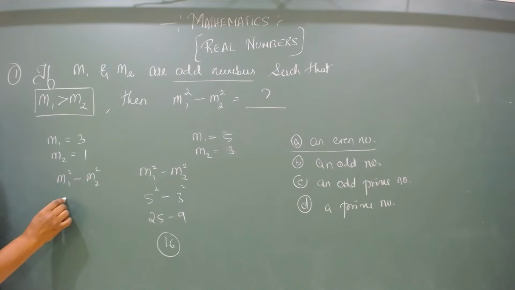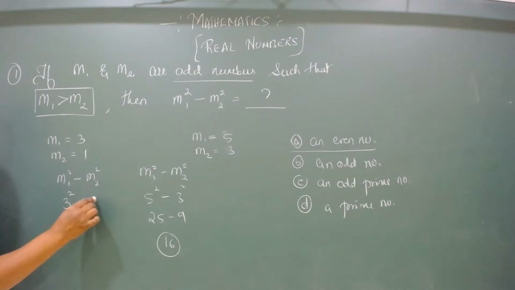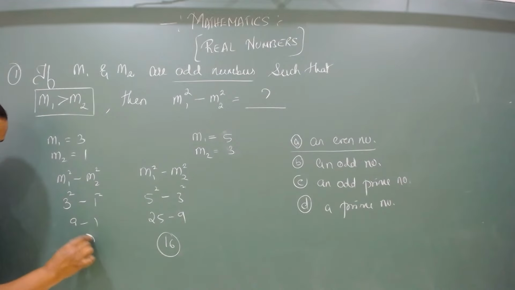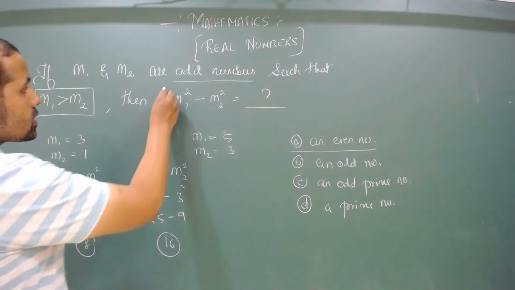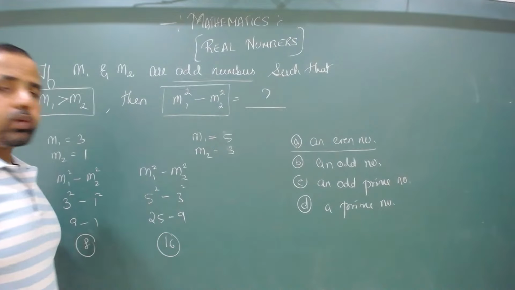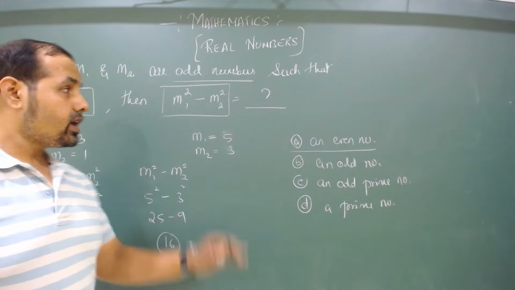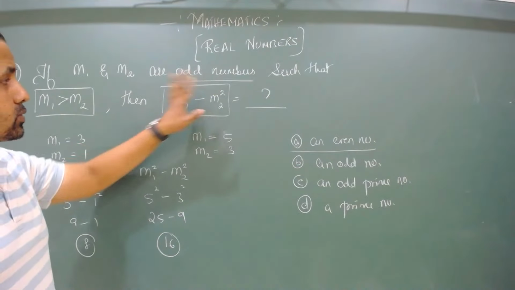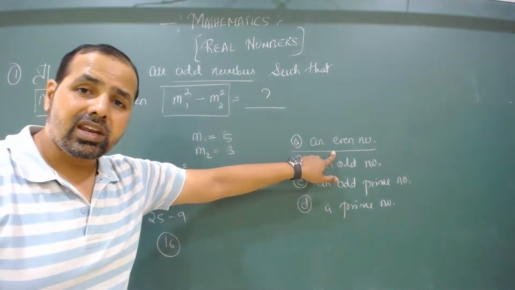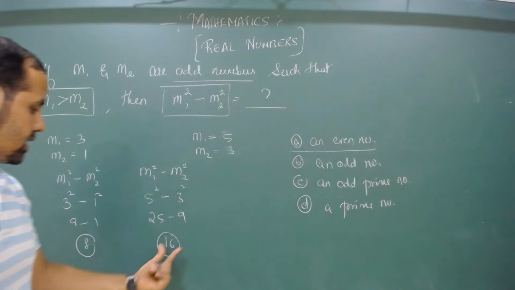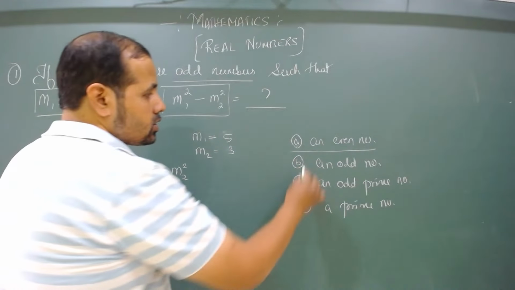M1 square is 3 square, M2 square is 1 square. 9 minus 1, again you can see it's an even number. So M1 square minus M2 square, where M1 and M2 are odd numbers, will always be an even number.